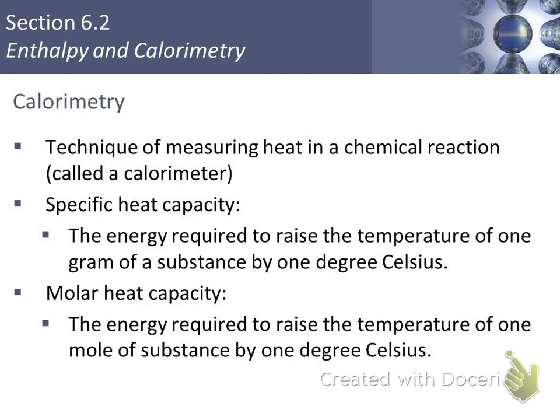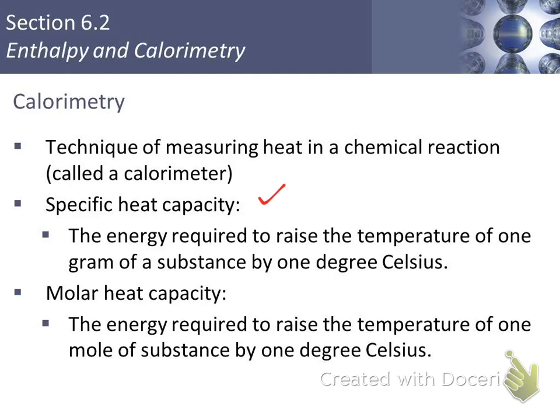Okay, so with calorimetry, there are two different types of what we call heat capacities. And the most common one and the one we will use most often is the one called specific heat capacity. And that's what it takes to raise 1 gram of substance by 1 degree Celsius.